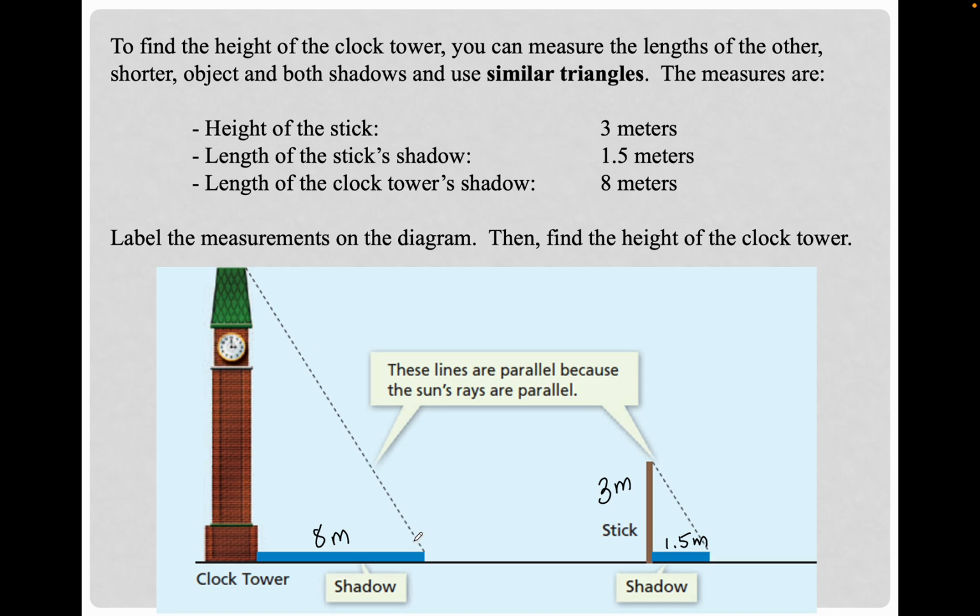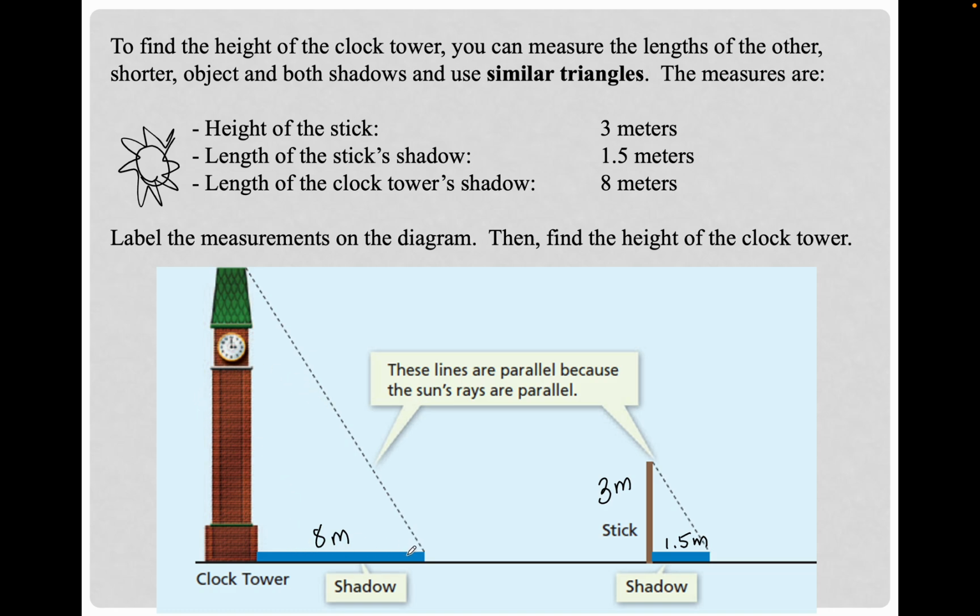If you've ever noticed your shadow, you know that at different times of the day, sometimes your shadow is longer or shorter than your actual height, depending on the angle at which the sun is above you in the sky. So this is the idea of how we create that triangle: it's at what angle the sun is hitting these objects in the sky.